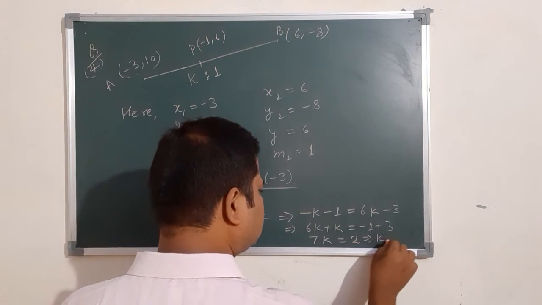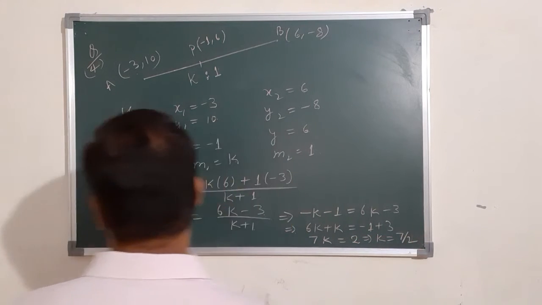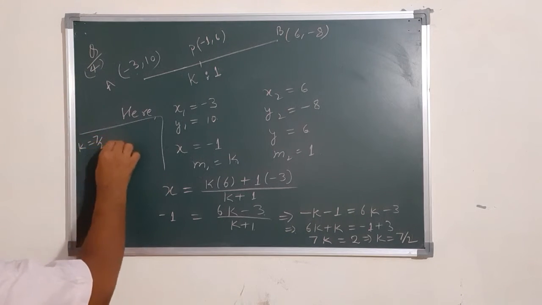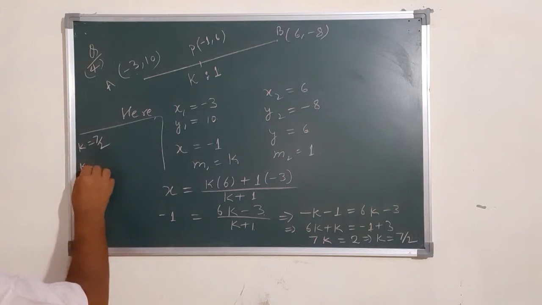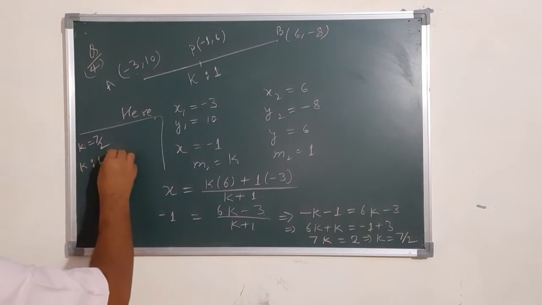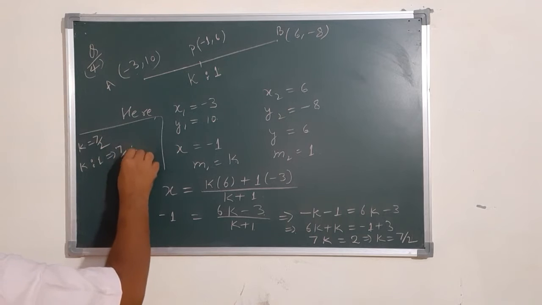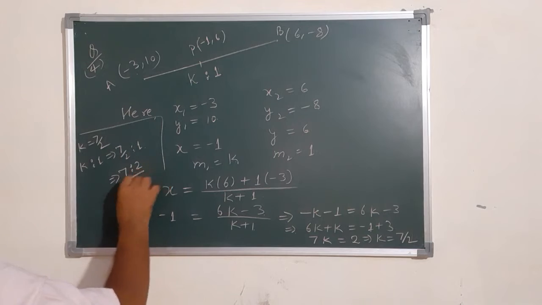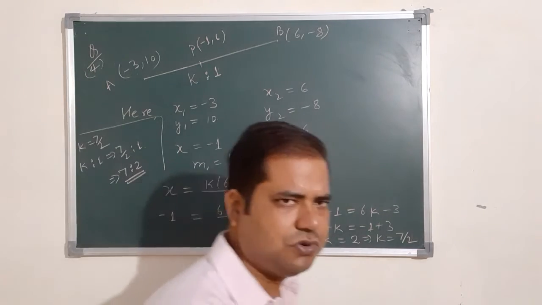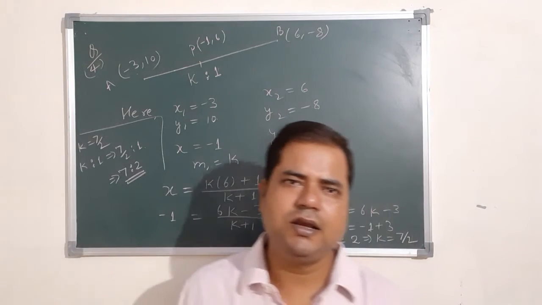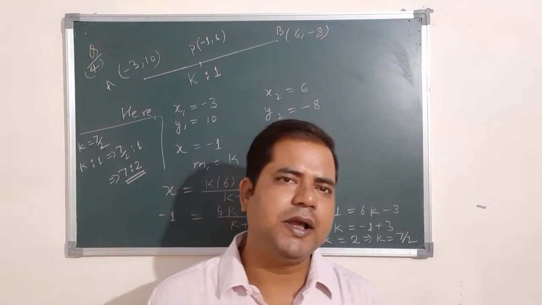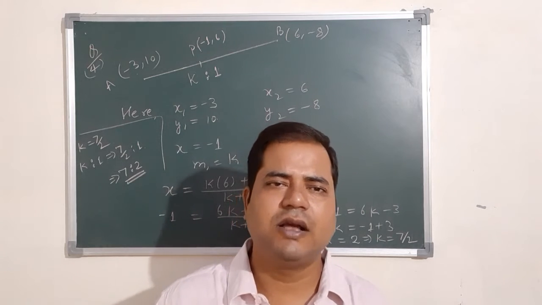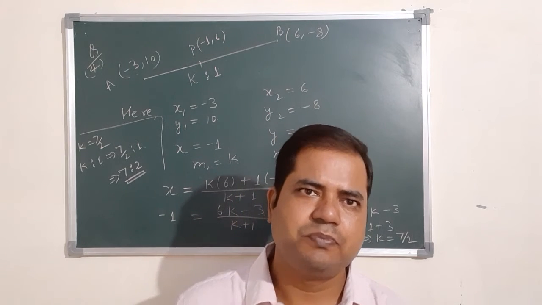So this implies K is equal to 2/7. So here K is equal to 2/7. Hence the ratio is K ratio 1. This implies 2/7 ratio 1. This means the line segment AB is divided by the point P in the ratio 2/7. So please note it down.